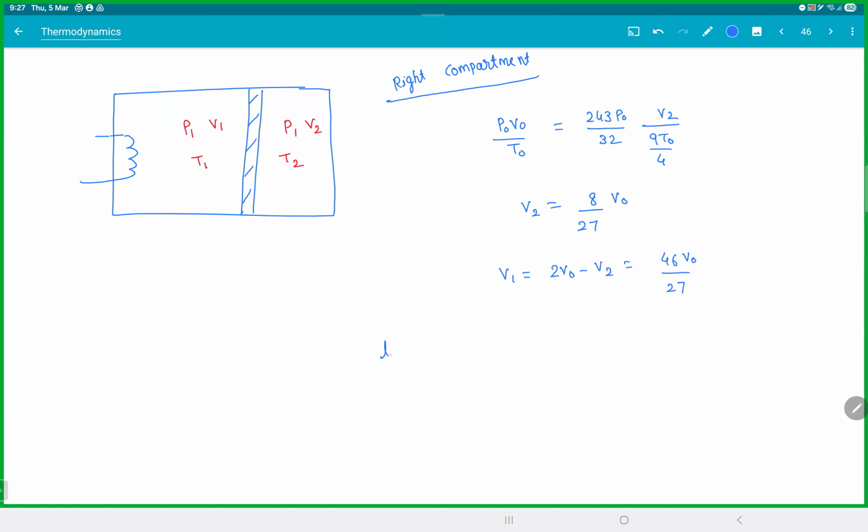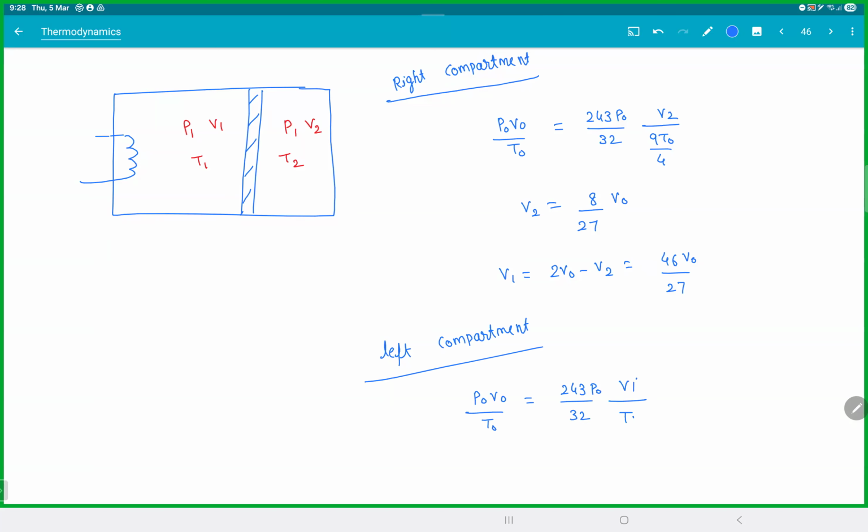Great. Then from the left compartment, same thing. Again, the number of moles is P naught V naught by T naught. That must be equal to the final pressure, 243 P naught by 32, times volume V1, and temperature T1.